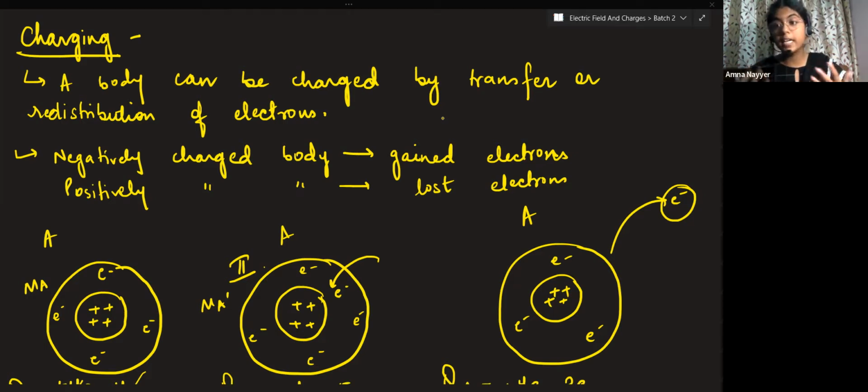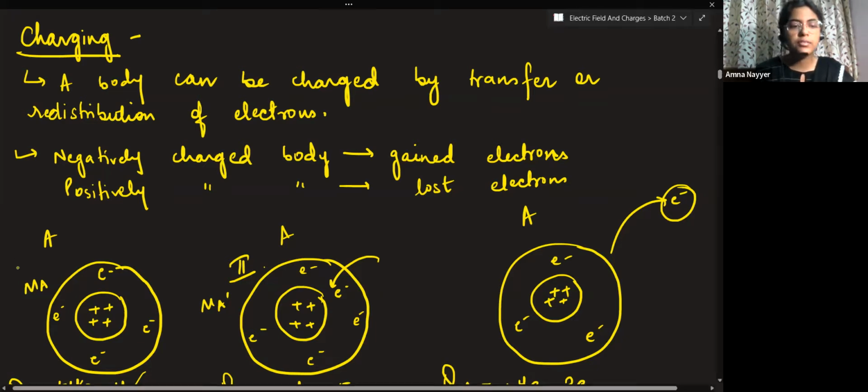A body that is negatively charged will have more number of electrons, and therefore it will have greater mass. So if you compare these two, Ma dash will be greater. One more example. This was the third example that we took. In this, we had removed a single electron.